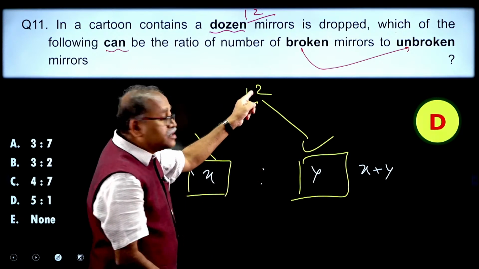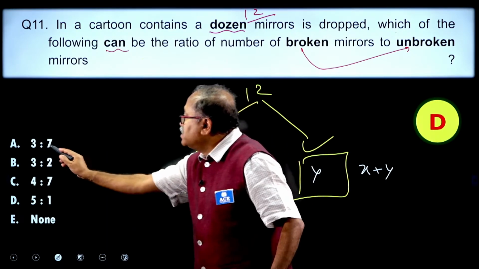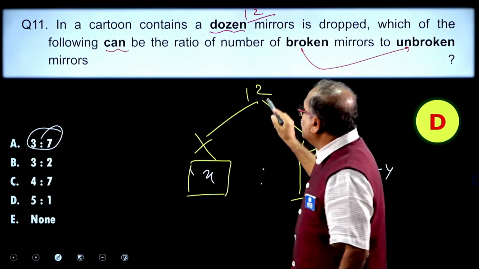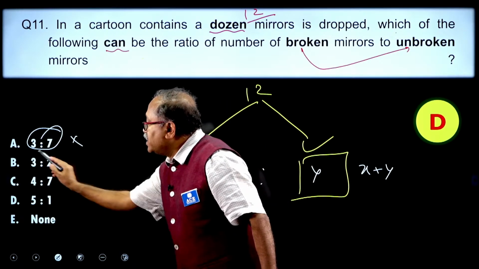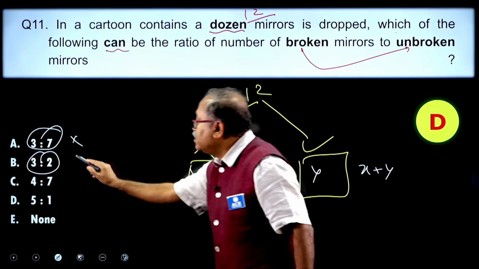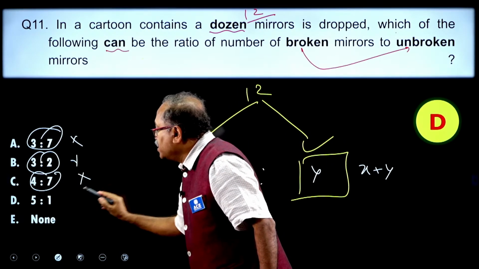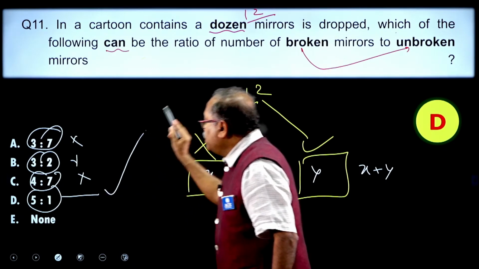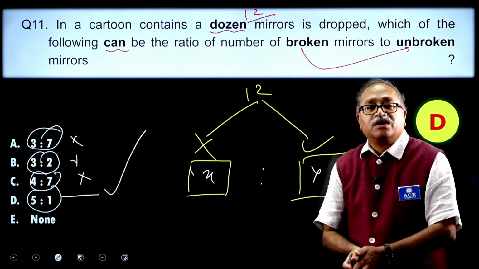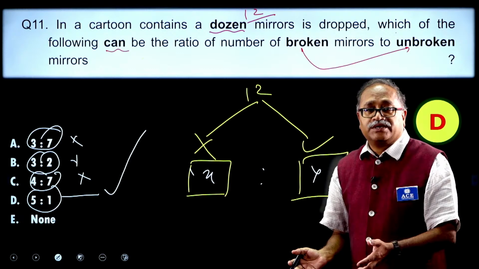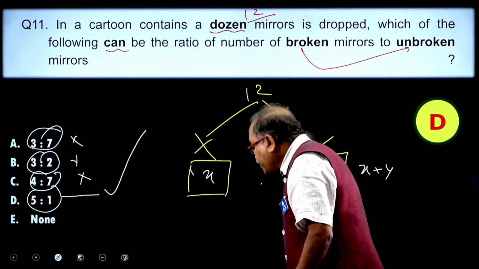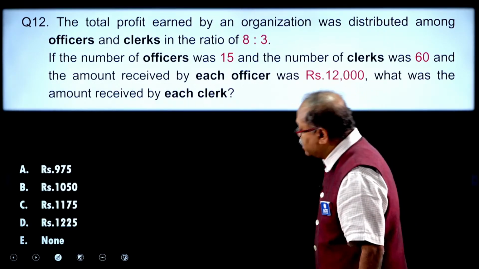The sum must divide 12. So here the sum is 10, which will not divide 12. So remove that. 5, which will not divide 12. Then this is 11, which will not divide 12. This 6, which divides 12. So this is the only possible one of the given options. Well done, sir. So moving on to the next, and it's here.